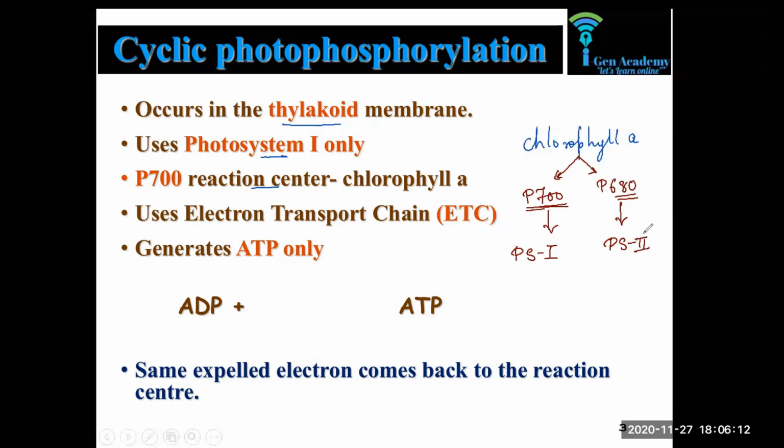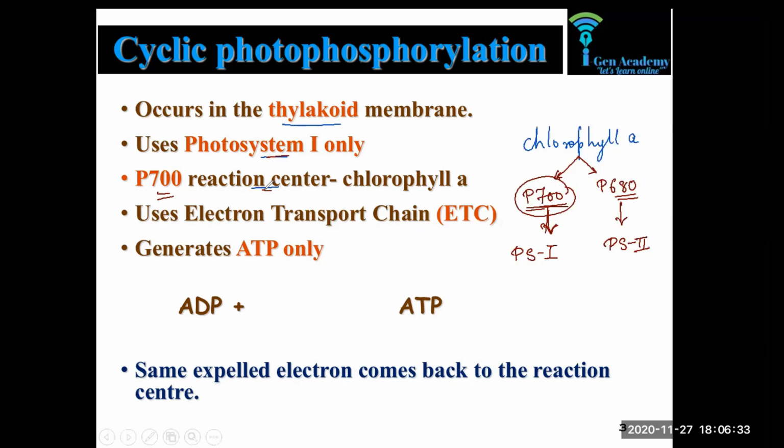As far as cyclic photophosphorylation is concerned, here the chlorophyll A molecule will have the reaction center P700 only. And P700 has photosystem 1.